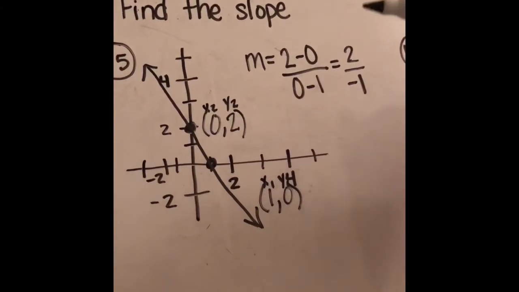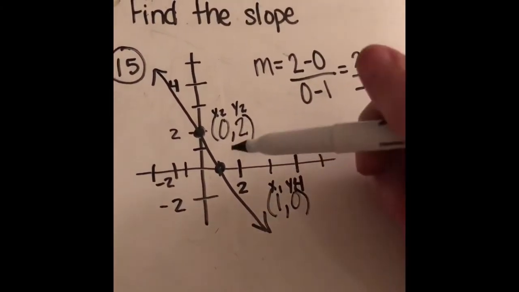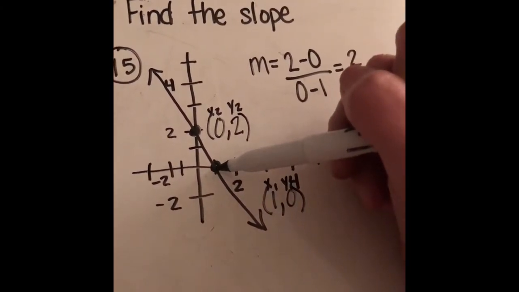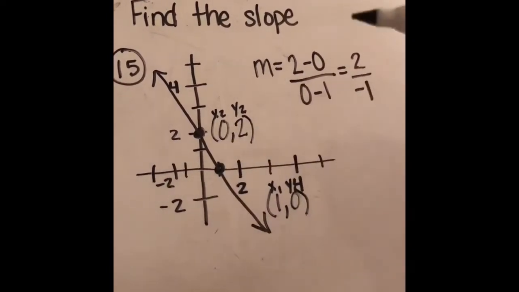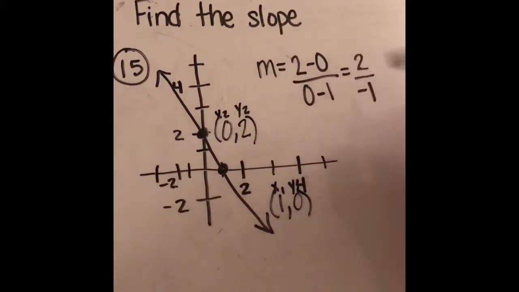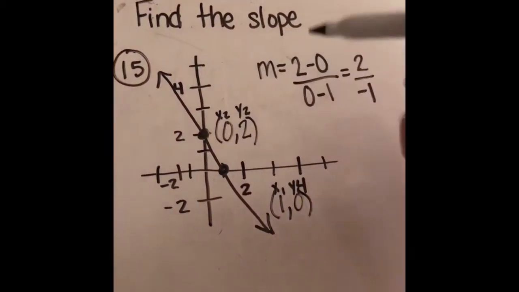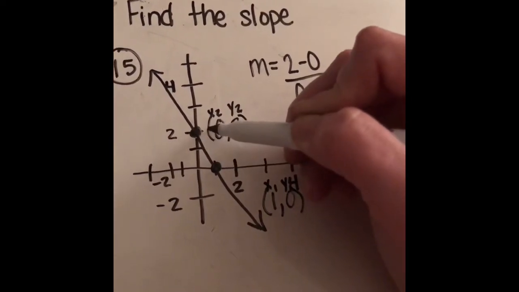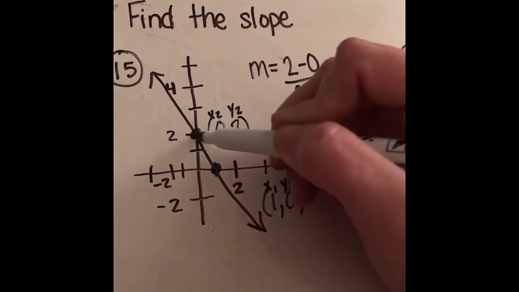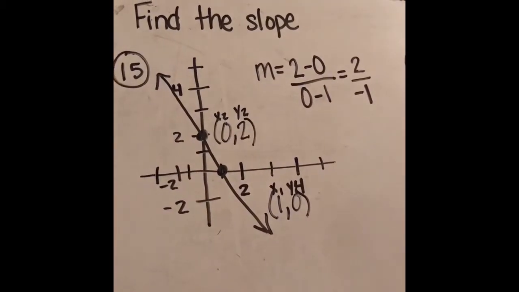So it's saying that your slope is 2 over negative 1. You can check it if you start at this point: you should be able to go up 2, and because it's negative, you go to the left. So you go up 2, and then over left 1.